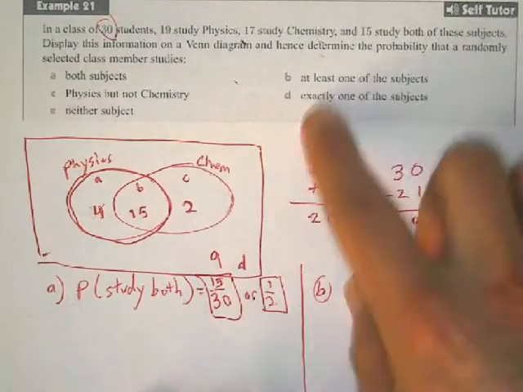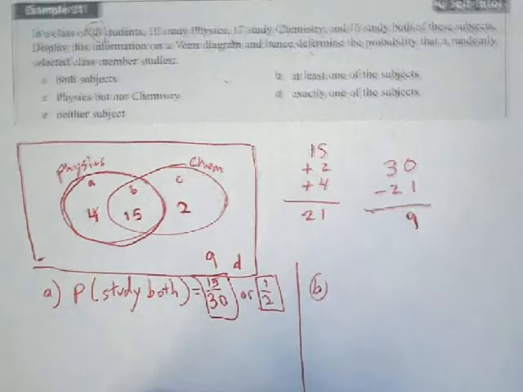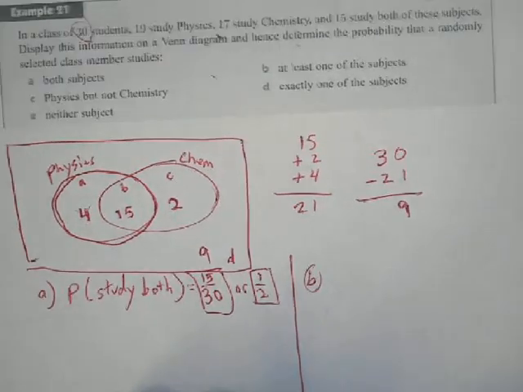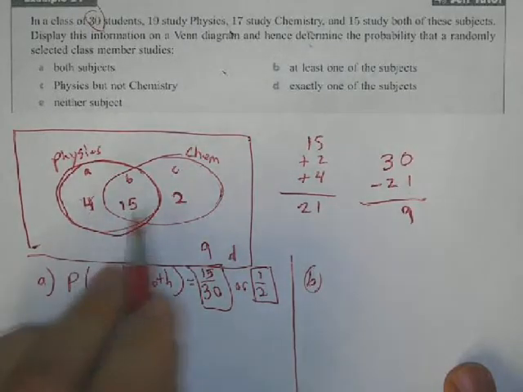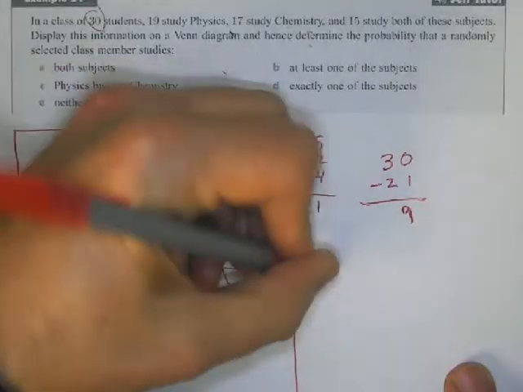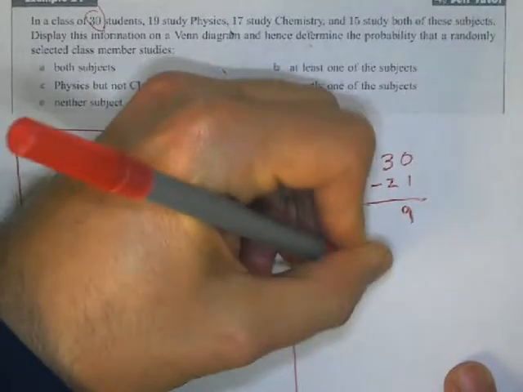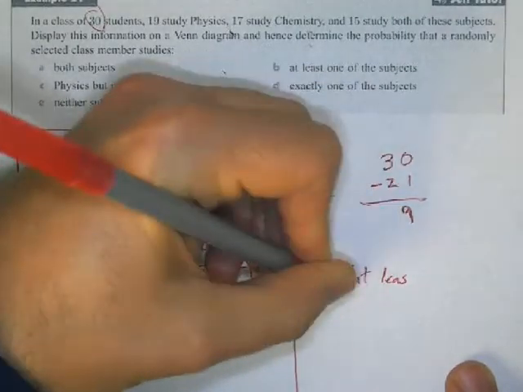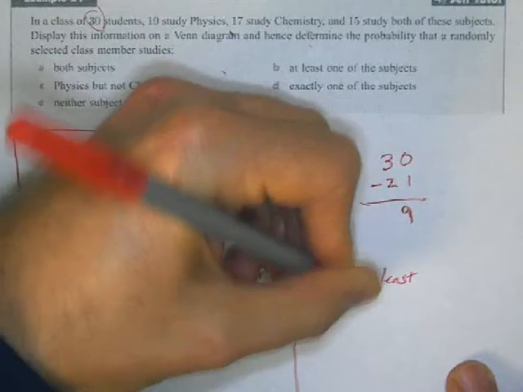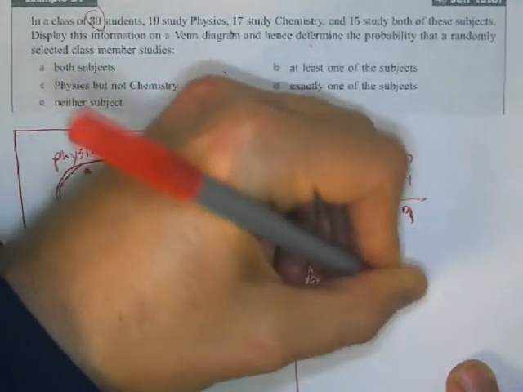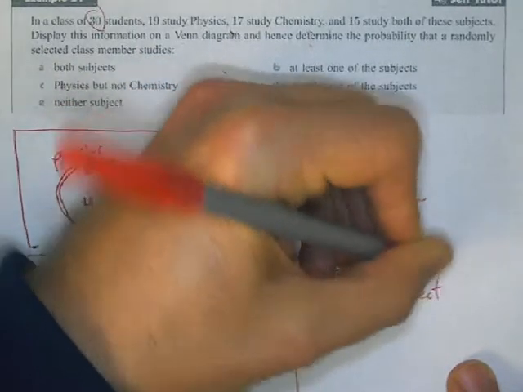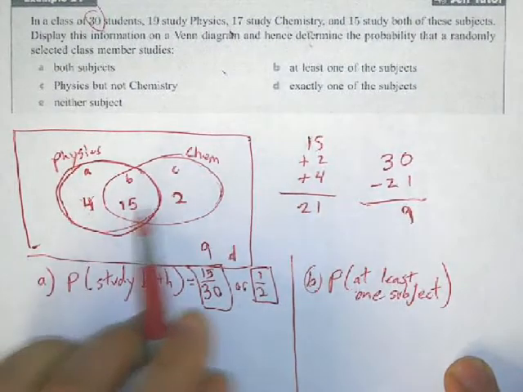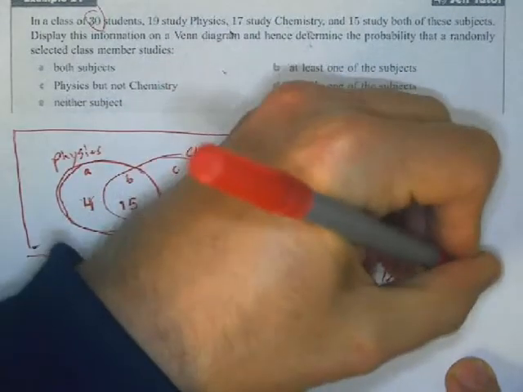Okay, now let's answer question B. At least one of these subjects. Okay, at least one of these subjects is 4 plus 15 plus 2, which we know is 21 over 30.